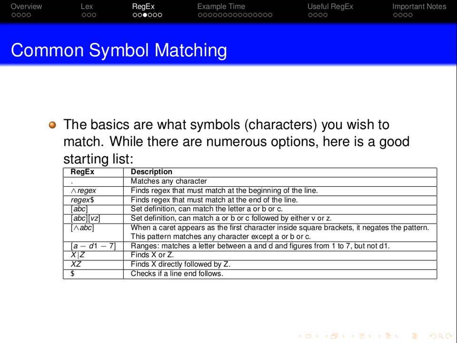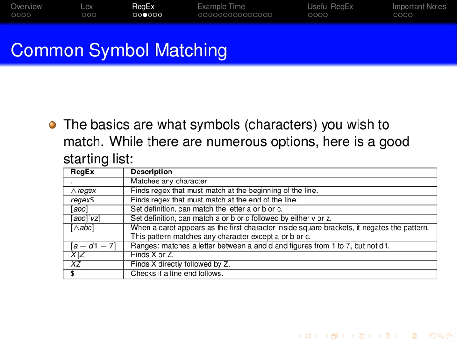Be careful, because A to 0 doesn't make much sense, but A to D, of course, makes sense. 1 to 7 makes sense as well. An OR is a pipe, which is the shift key right above your enter key and below your backspace key. It finds X or Z, matching one or the other. And if you just list it directly, it finds X followed by Z.